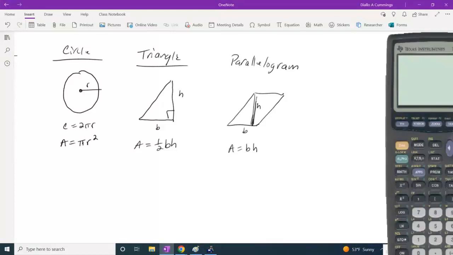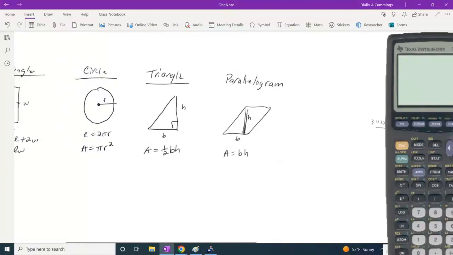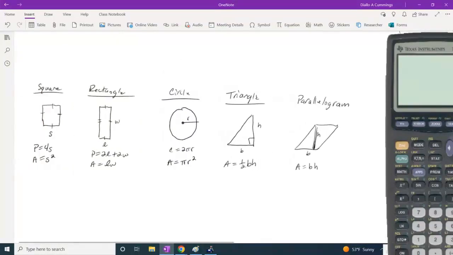Okay, that's supposed to be a parallelogram. All right, so in order to find the perimeter, you just simply add up all of the side lengths. Okay. So here are the 5 figures that we're going to deal with in the first couple of modules.